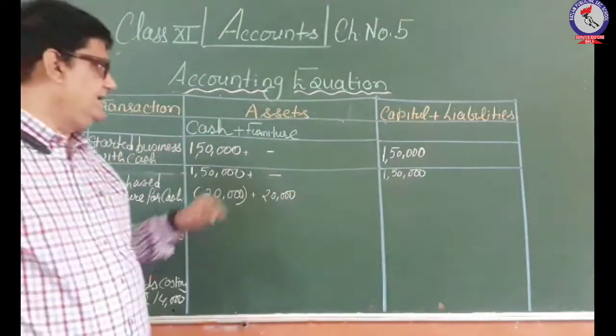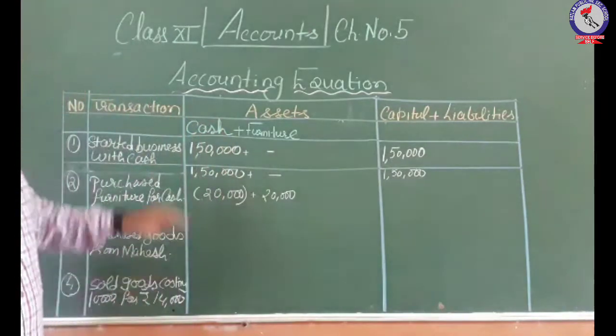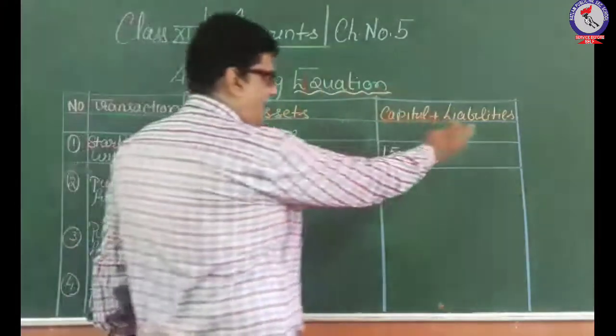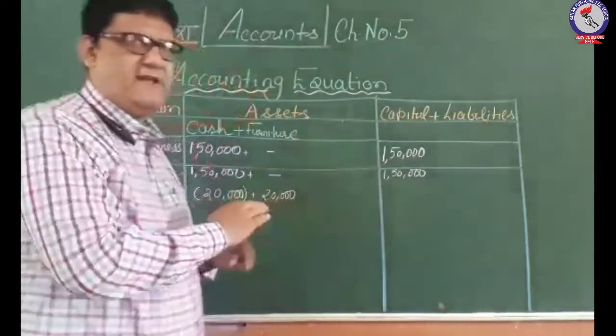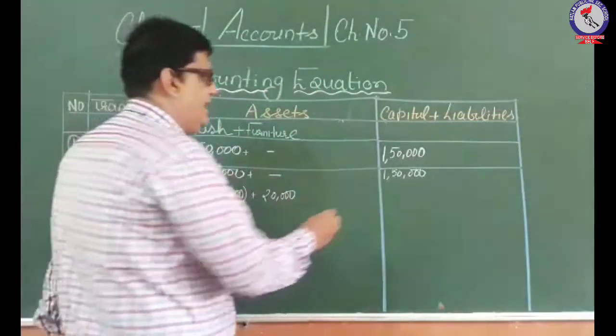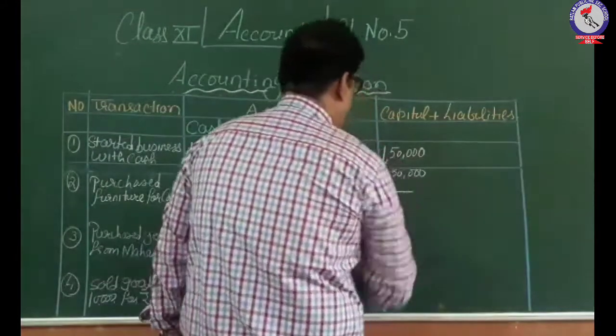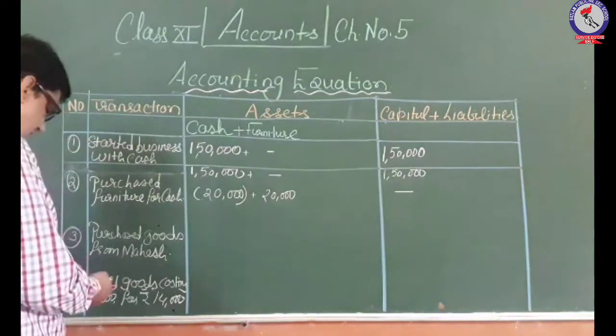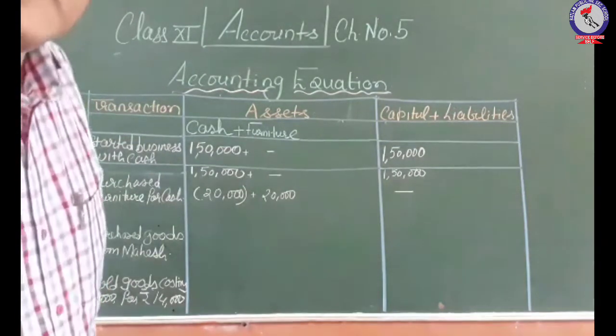Now it is said that we are having two assets, one is cash and one is furniture. And on the liability side there was no effect at all in any of the heads. So here it is dash. Now just see what is the effect of this.